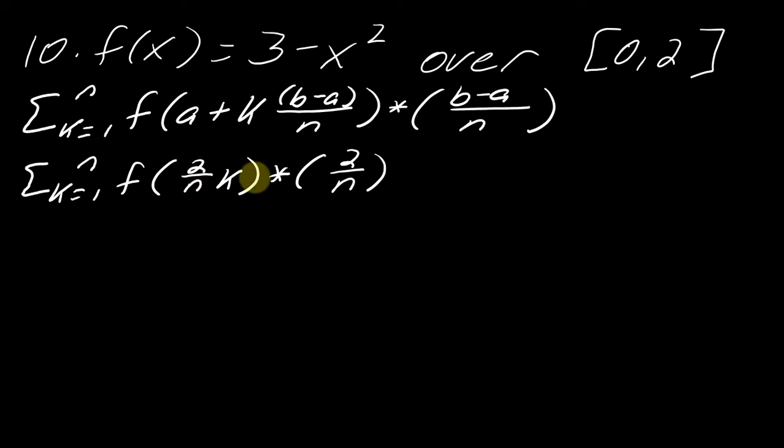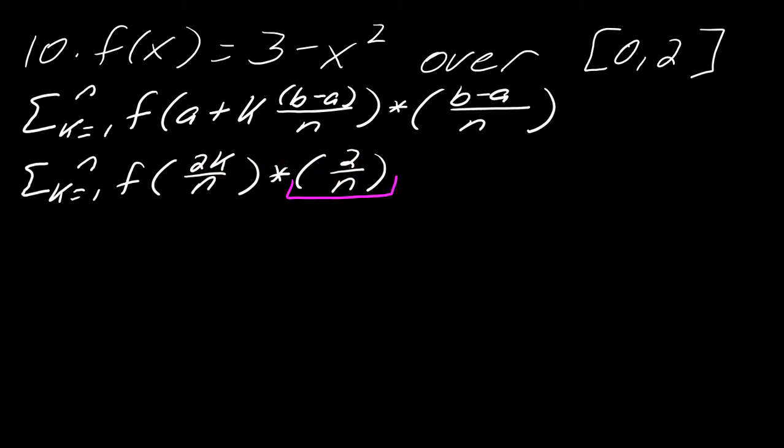Okay, so now I need to plug in 2k. Let's rewrite this: instead of writing 2 over n times k, I'm going to rewrite this as 2k over n. So I'm going to plug 2k over n into my function. And this 2 over n here, I'm going to factor out, because this is not what my sum is on.